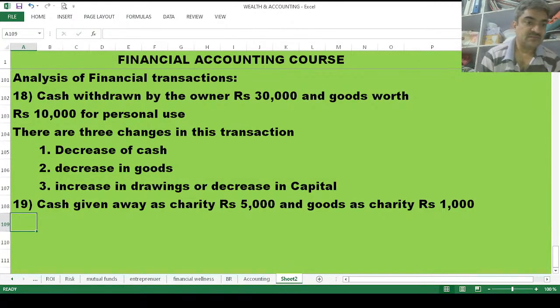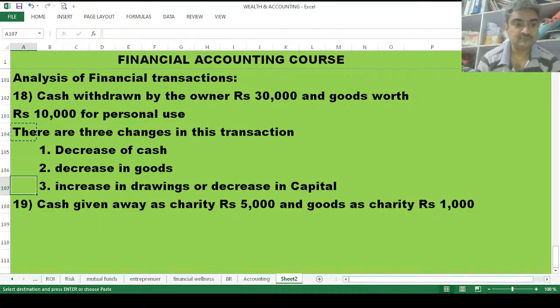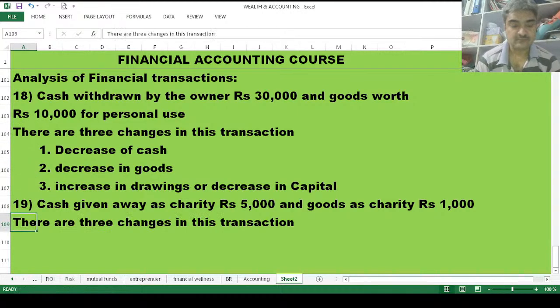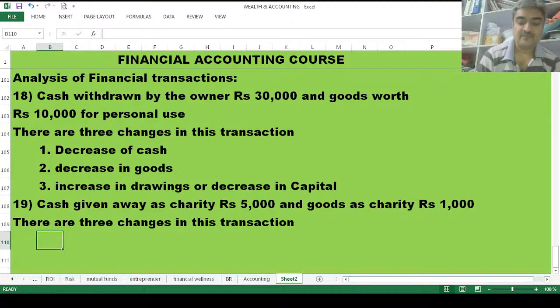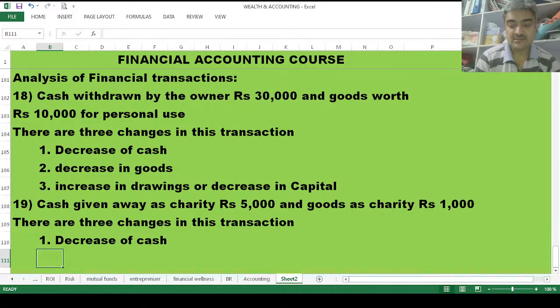Now this transaction also has three effects. Number one is decrease of cash, as the cash is given as a charity.